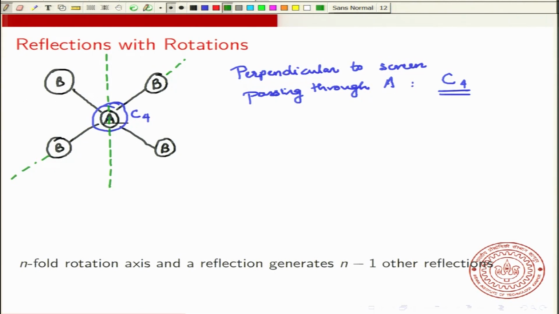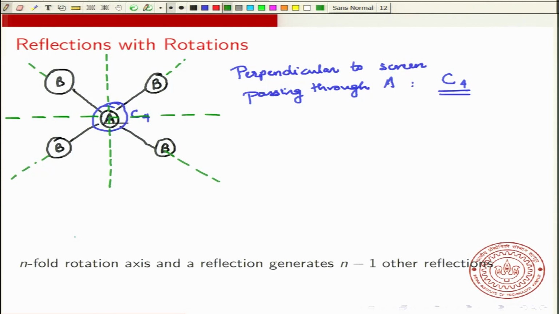You can also have mirror planes along this, and along this. And what we see is that these mirror planes are related by a C4 rotation.